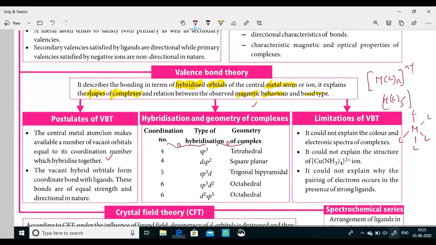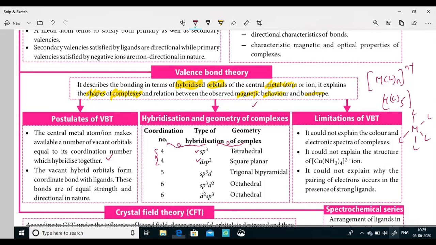If the complex has coordination number 4, the metal ion may undergo sp3 hybridization or dsp2 hybridization. That means 4 orbitals are participating: 1 s orbital and 3 p orbitals, or 1 d orbital, 1 s orbital and 2 p orbitals.